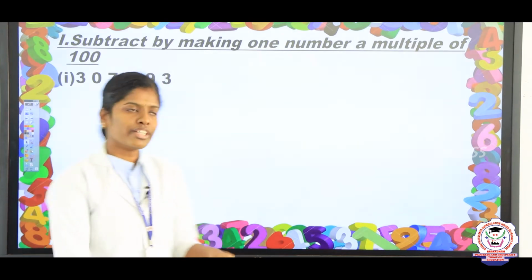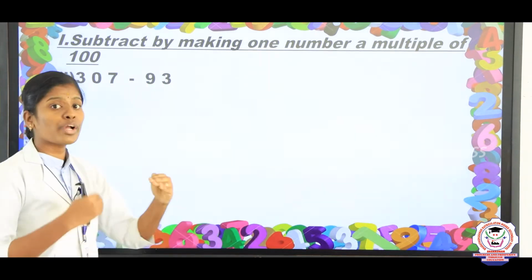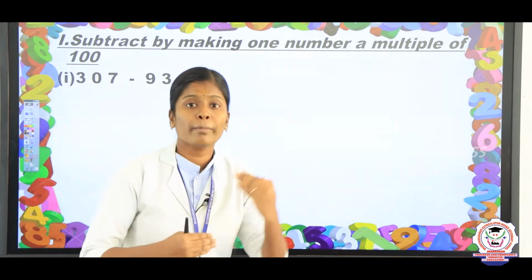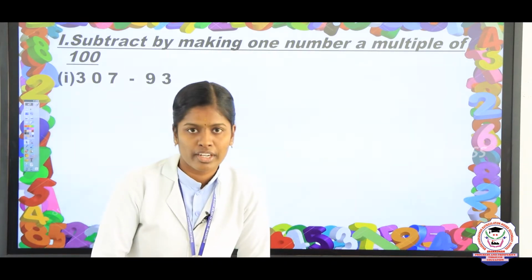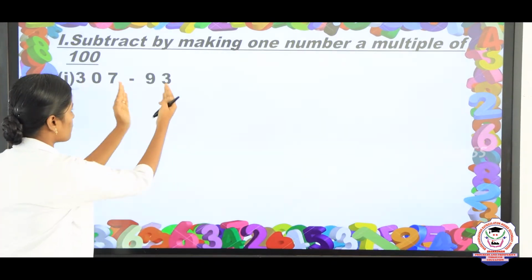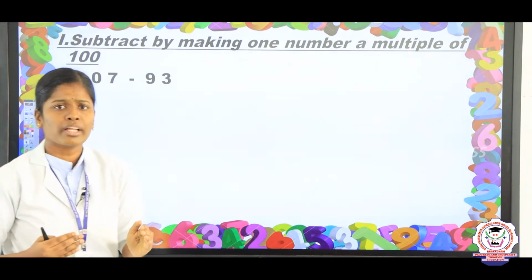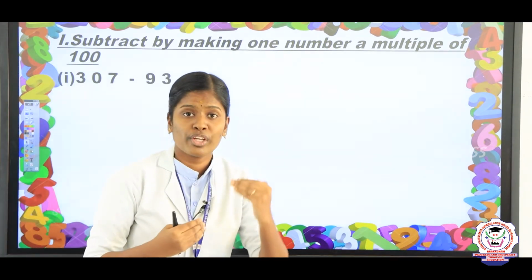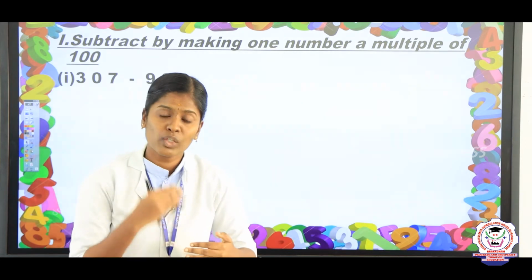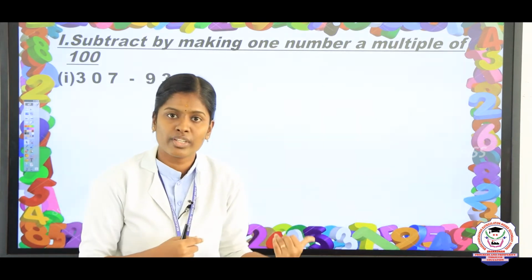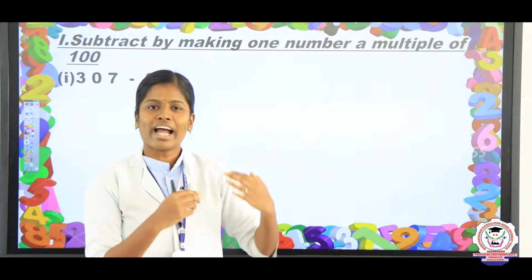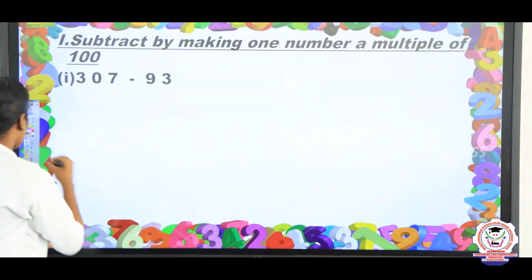So listen my children, compare these two numbers. We are going to take the smaller number and make it a multiple of 100. Already you know the second number, 93, is the smaller number. Now what number should we add to 93 to get a multiple of 100? Very good, add 7. So listen here.